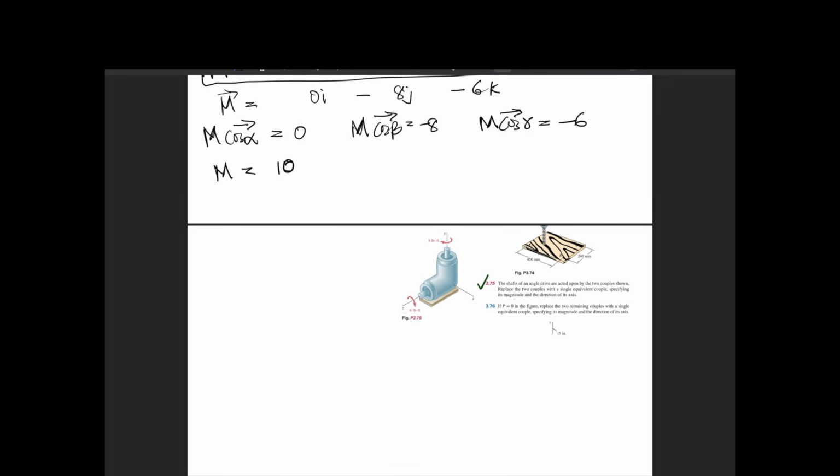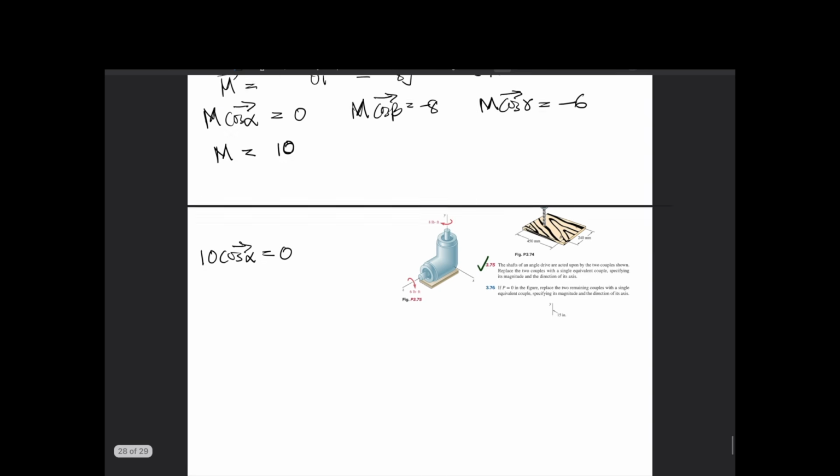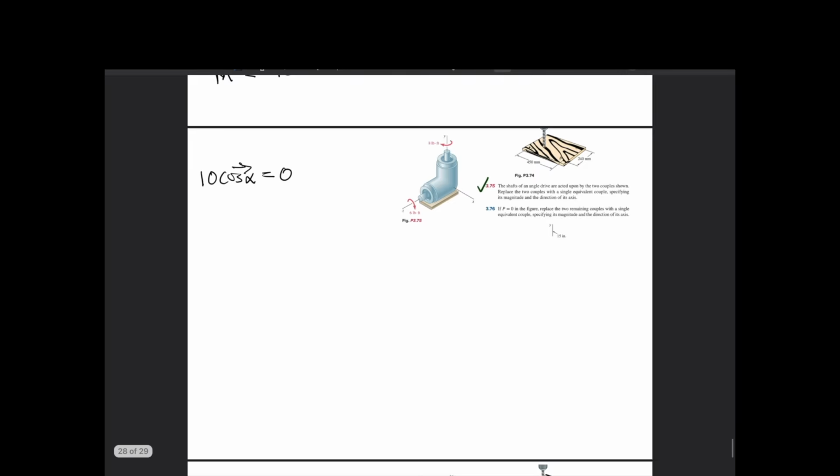So for the first part, 10 cos alpha is equal to 0, and cos alpha will be 0 over 10.